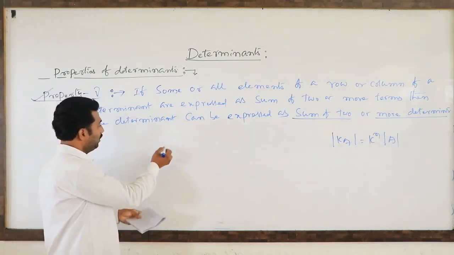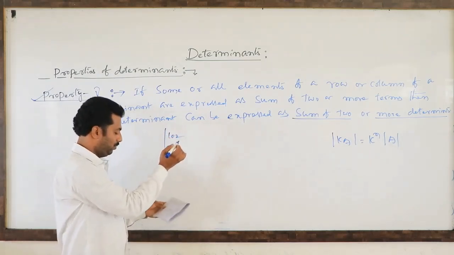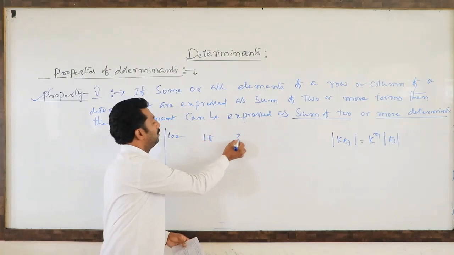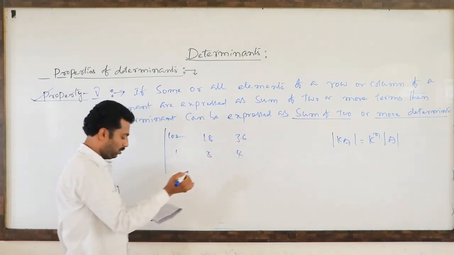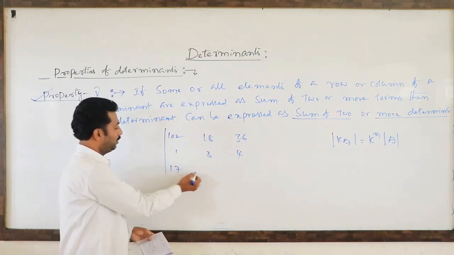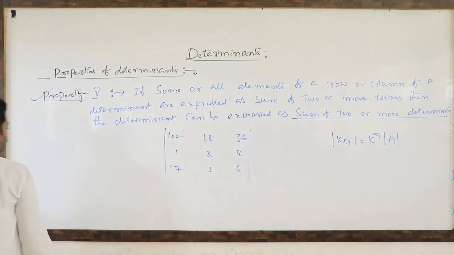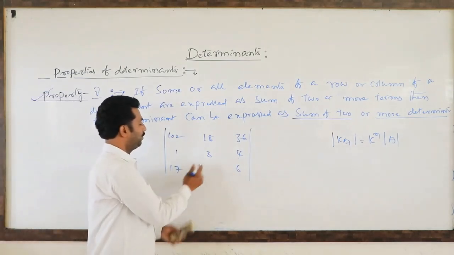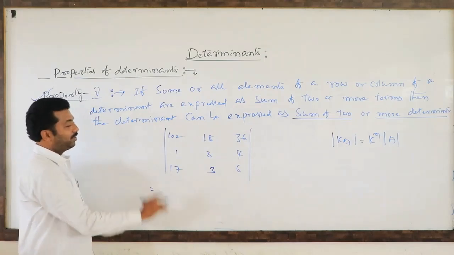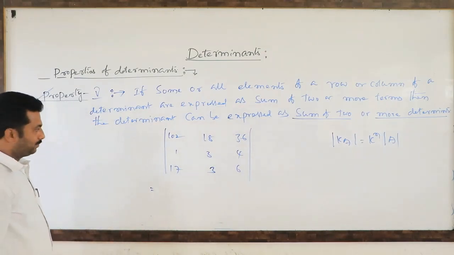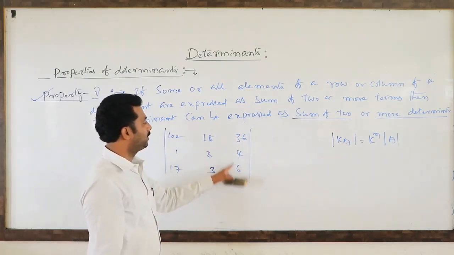See, suppose delta equal to the determinant with rows 102, 18, 36; 1, 3, 4; 17, 3, 6. You observe this. How can you find the value without expanding? How to tell the answer? This is 17, 102, 3, 18, 6, 36.